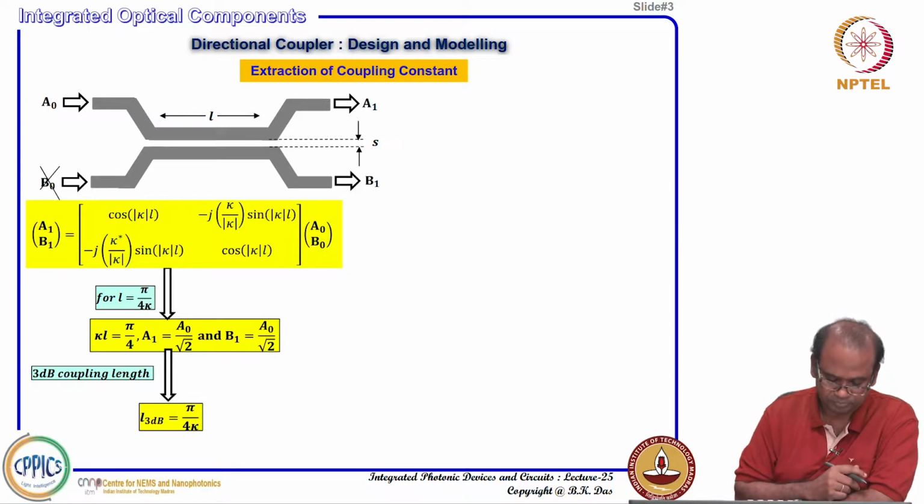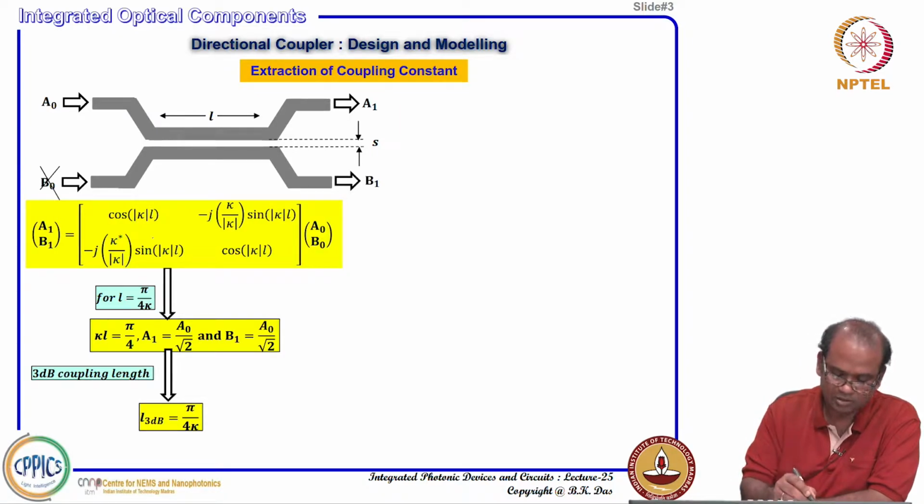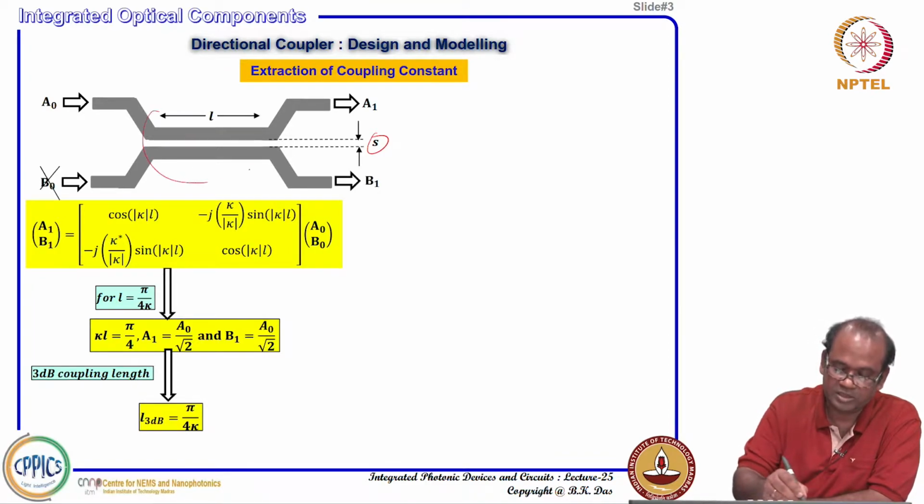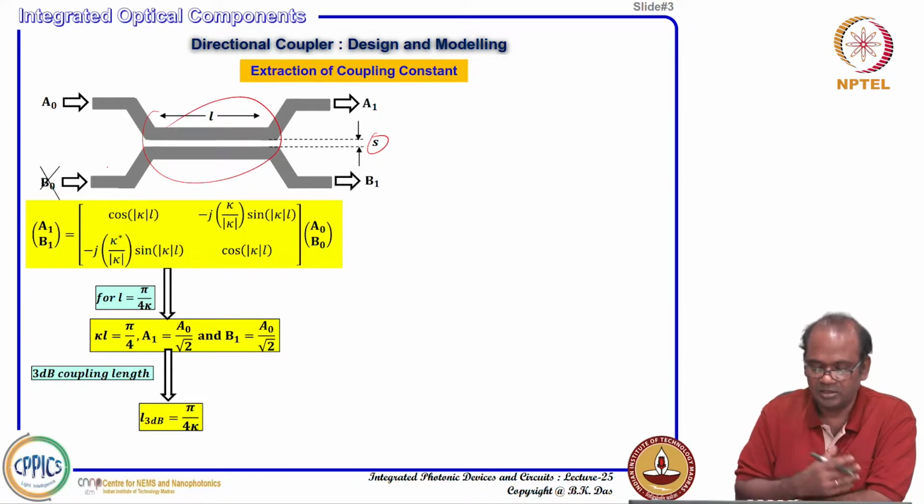For example, we can write this. Suppose for a given directional coupler, the separation everything is there and some constant S value is there, and if they are maintaining a certain distance and uniform, that means kappa should be a parameter for this entire structure, that is a constant, that is a specification figure of merit of this structure.